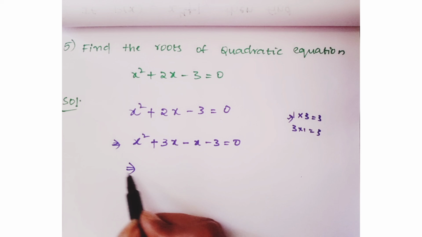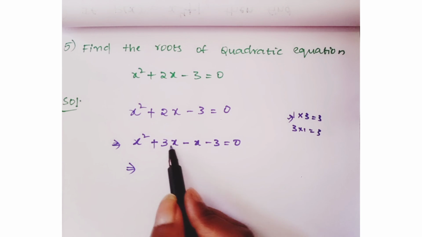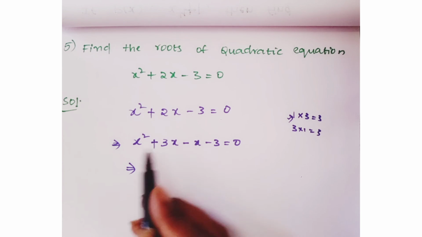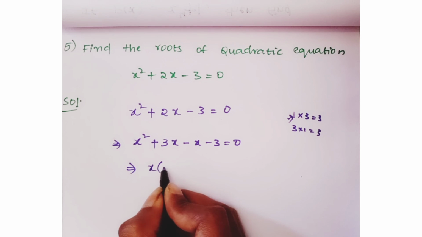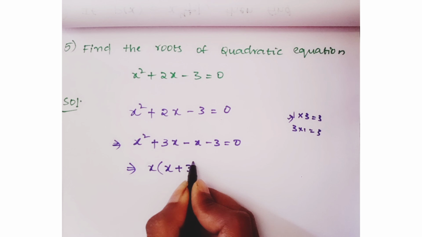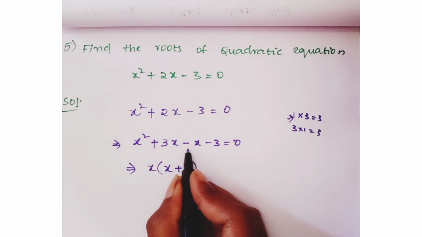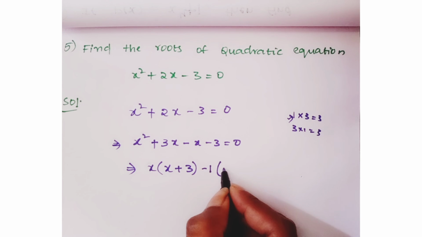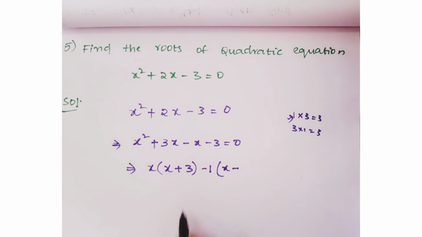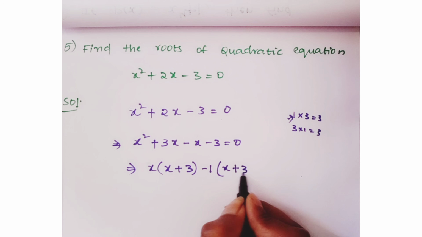Whatever you do in the below steps, you need to reach the above step. So now taking x common here. When I take x common, the remaining is x plus 3. Now from here I take minus 1 as common. So when I take minus 1 as common, I get x plus 3.